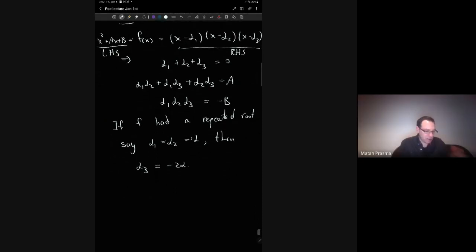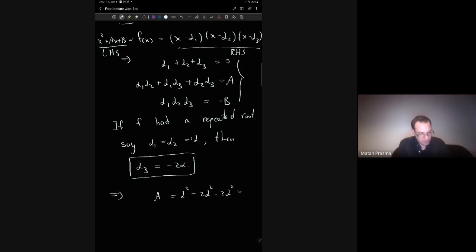Okay, so we conclude that alpha 3 is minus 2 alpha, and then I can substitute it back into this system of equations, and I get that A is equal to alpha squared minus 2 alpha squared minus 2 alpha squared, which is minus 3 alpha squared.